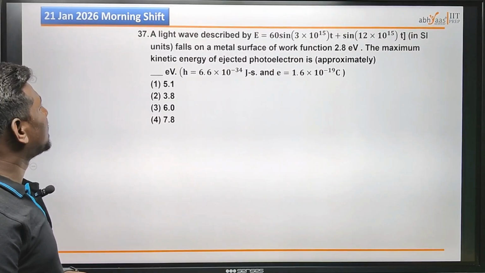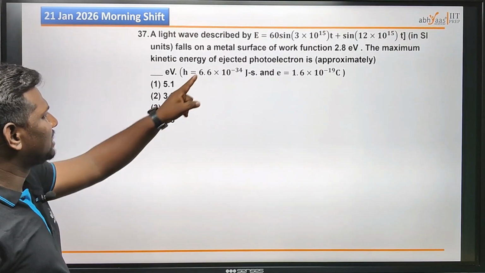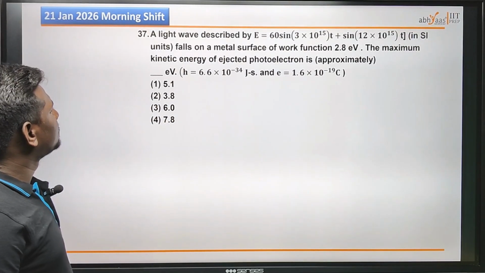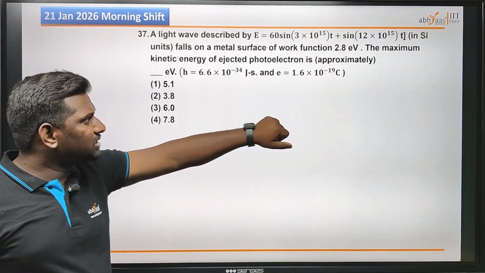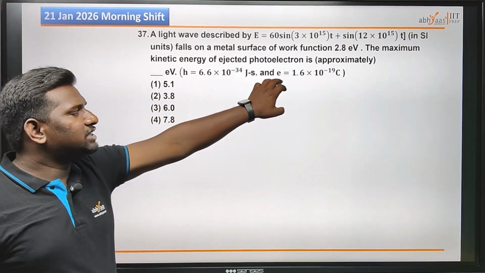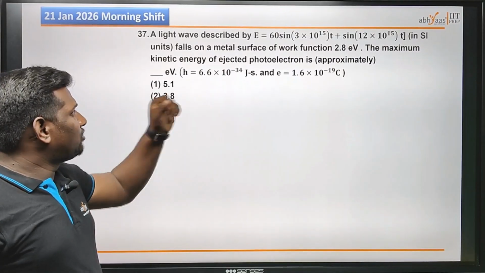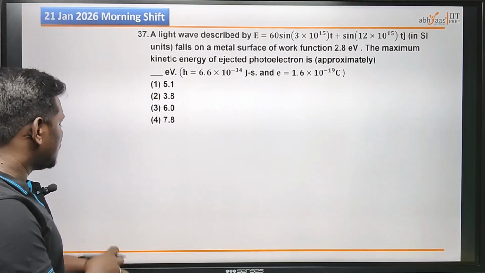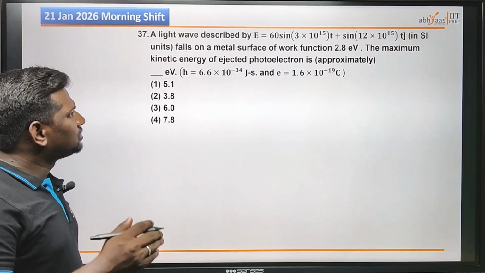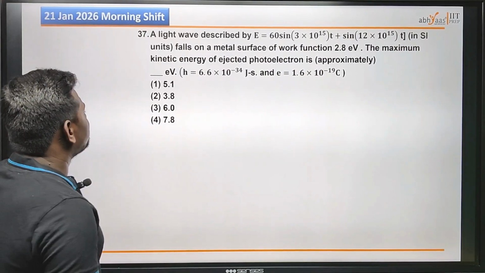Question number 37. A light wave is described by, they have given, falls on a metal surface of work function 2.8 electron volts. The maximum kinetic energy of the photoelectrons, what is the maximum kinetic energy? So see here, what is the K max formula?